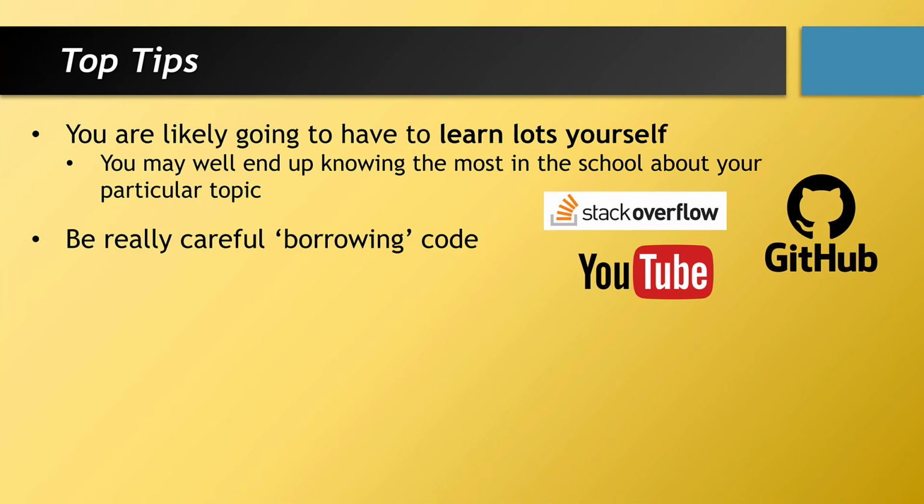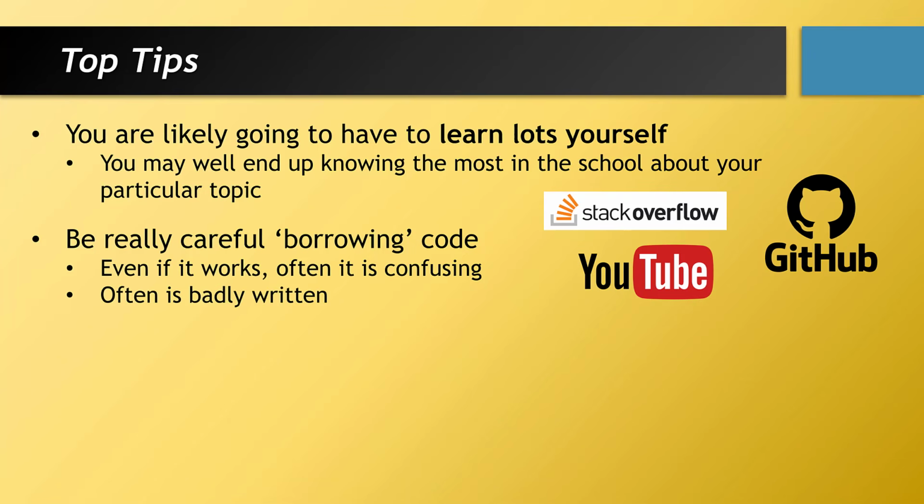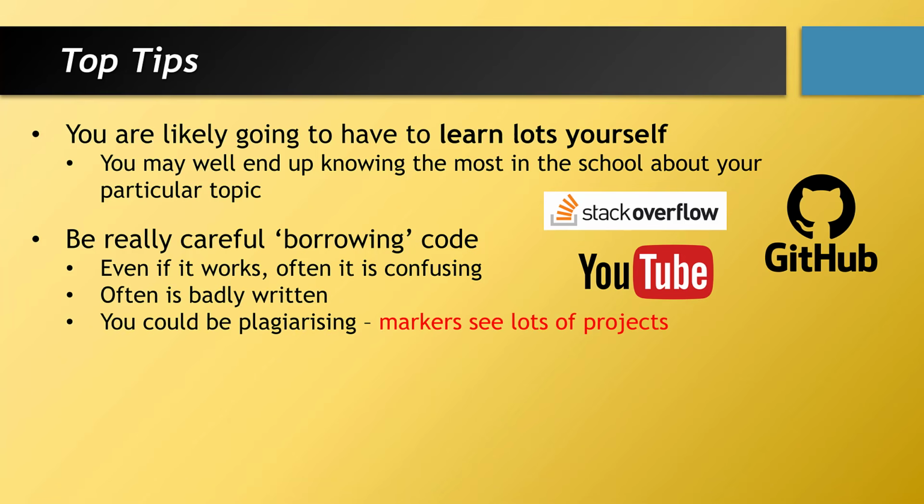I won't go into details of what I think makes it dangerous, but of course, code from somebody else can be confusing, it can be badly written, which will affect your marks in the code solution bit. And of course, the bigger issue is you could well be plagiarizing. If you've taken a line of code from Stack Overflow, put a link in to credit it. GitHub, you shouldn't really be using code on GitHub because it's not your code.